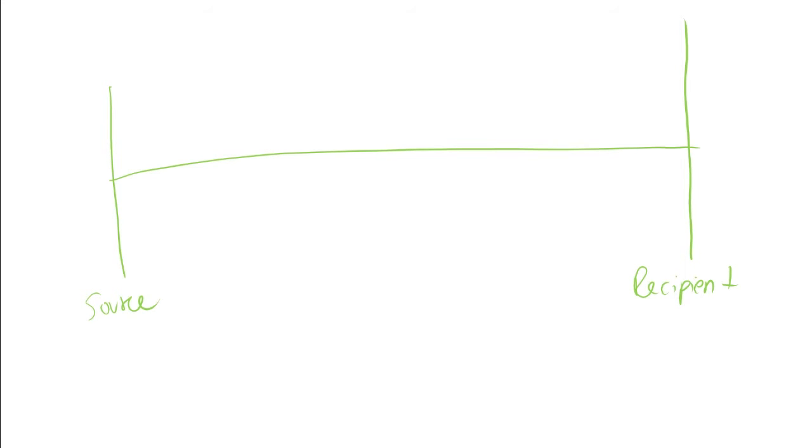So we do have some distortion in the signal, and part of that distortion happens because, in my telephone system, I have a cable, and I say I have a long distance.